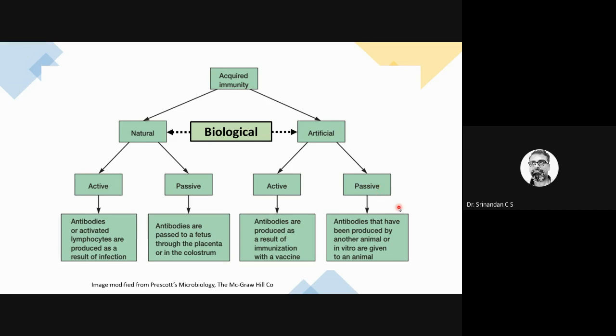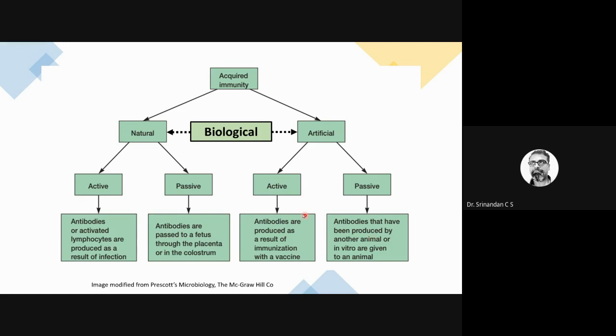For example, you may remember that when you get hurt or wounded, and a rusted nail or something has poked inside, immediately you go to a doctor and take the TT injection, the tetanus injection. What is that? It is nothing but the antibody itself.